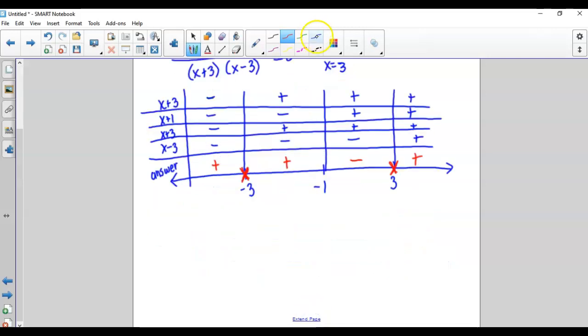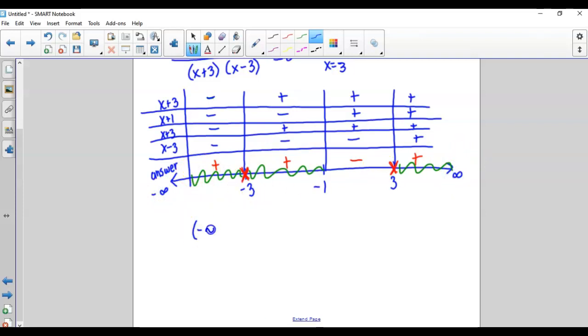So if we're writing our answer for this, our positive sections are here, here, and here. And so to write our answer in this case, I'm going to use interval notation first this time. I can go from down here, over here is negative infinity, up here is positive infinity.